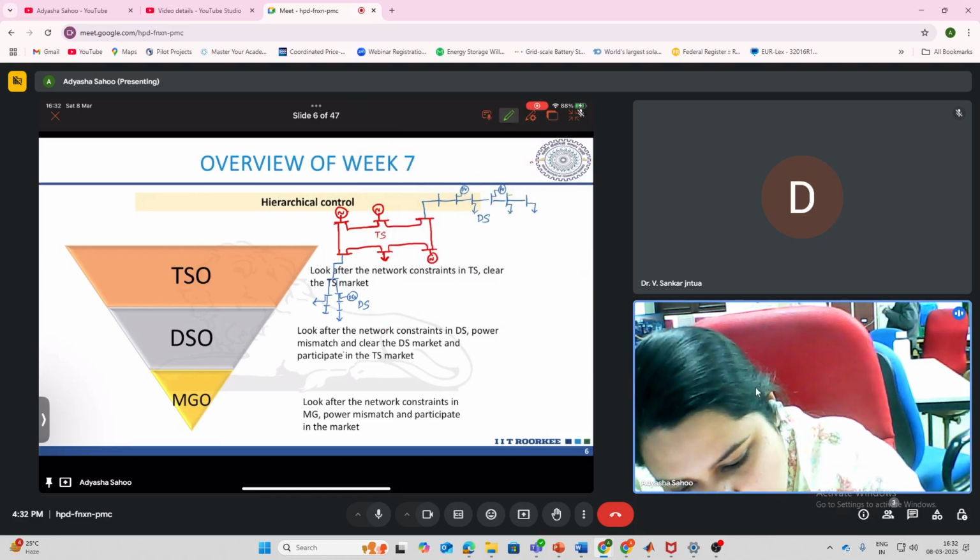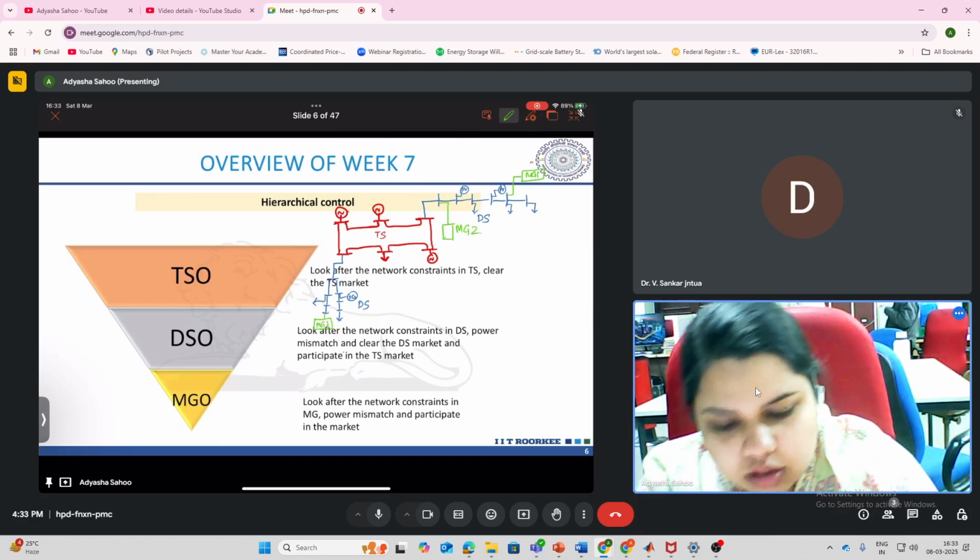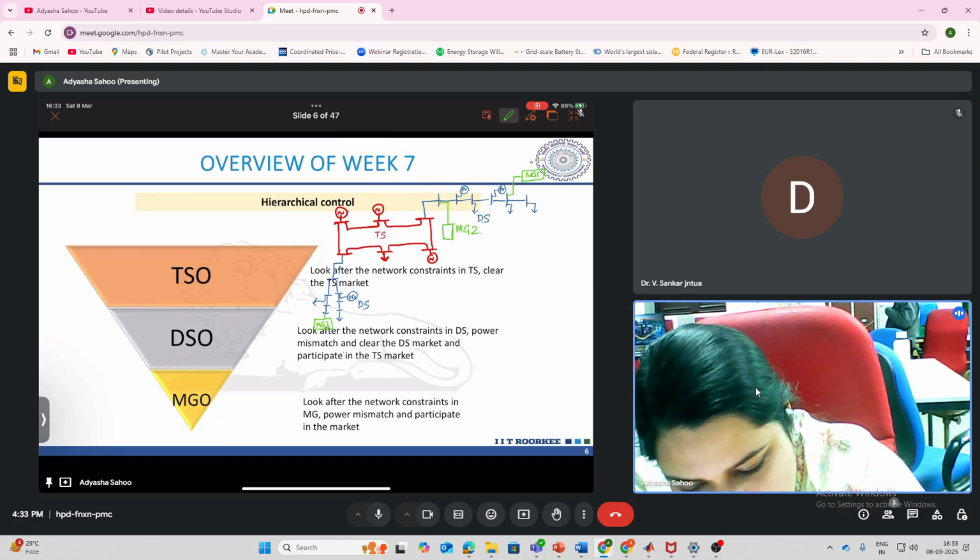So let's say you have a microgrid here, you have another microgrid here. So here also. So this is the hierarchy of the connection.